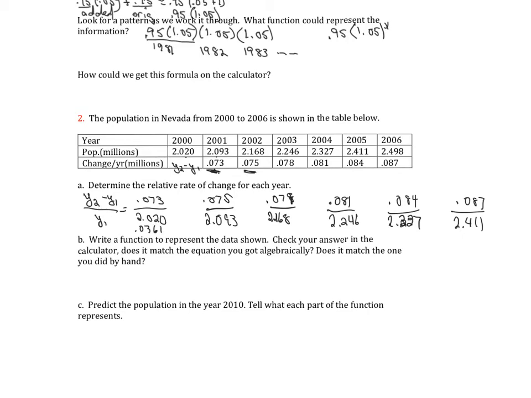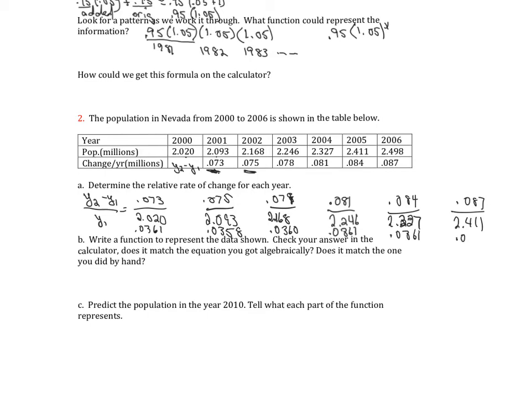Now, this first one, you should get 0.0361. This one is 0.0358. Notice it's different but similar. 0.0360. Again, different but similar. 0.0361. That's different except for it's the same as the first one. 0.0361.